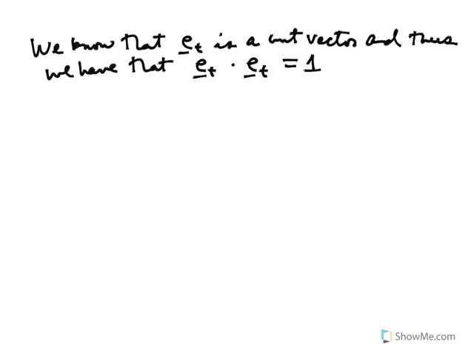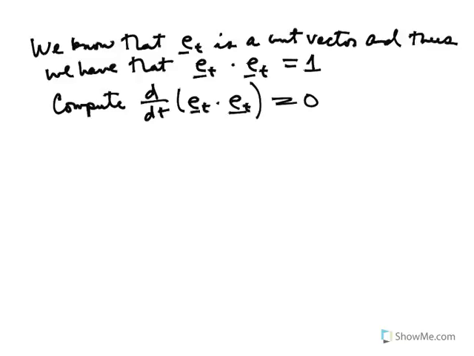So if E sub t dotted with E sub t has to equal 1, suppose now that I compute the rate of change of E sub t dotted with E sub t. Well, that's equal to 0, because E sub t dotted with E sub t is equal to 1.